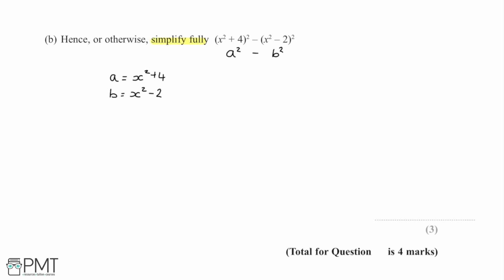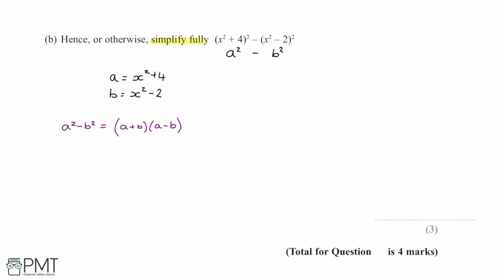So now we've set up a and b, and we can use this to simplify these brackets. As with before, a squared minus b squared can be factorised as a plus b multiplied by a minus b. Now we can use this to simplify what we have here.